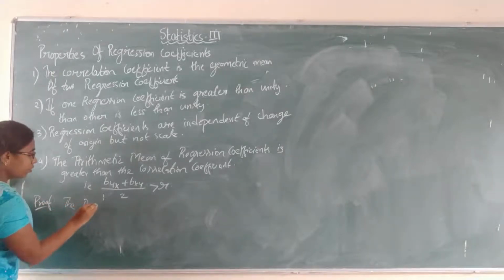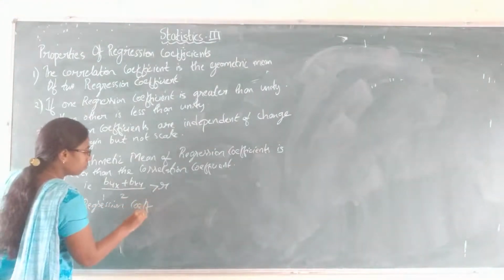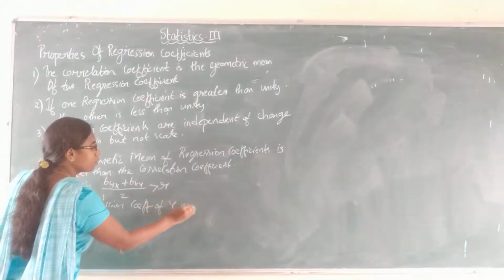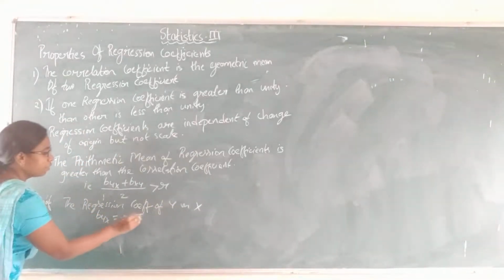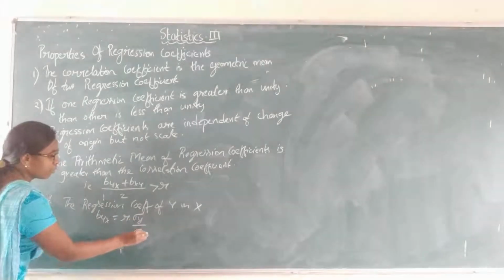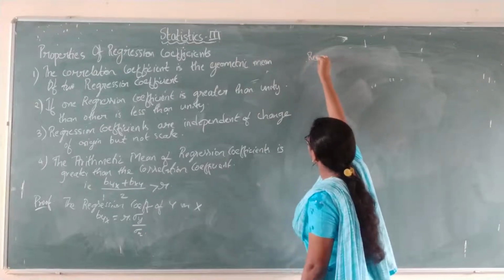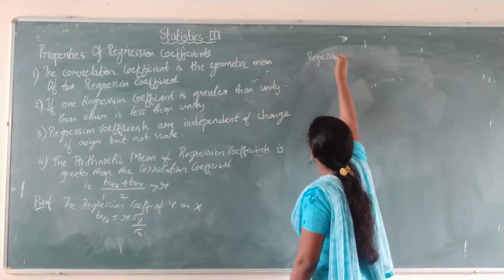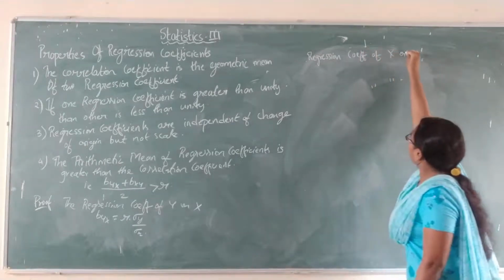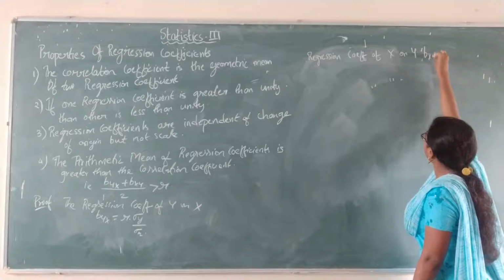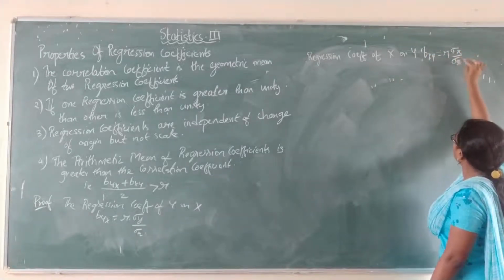The regression coefficient of y on x is denoted with b_yx equals r into sigma y by sigma x, and b_xy equals r into sigma x by sigma y.